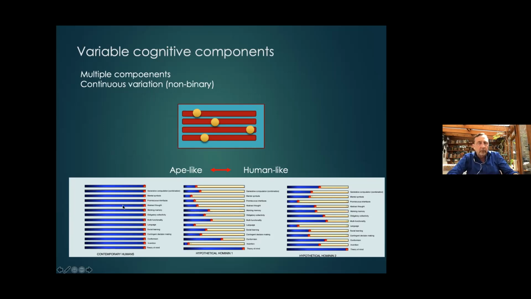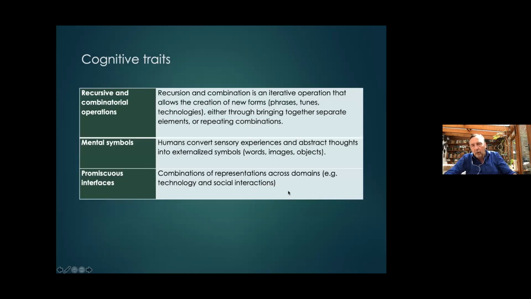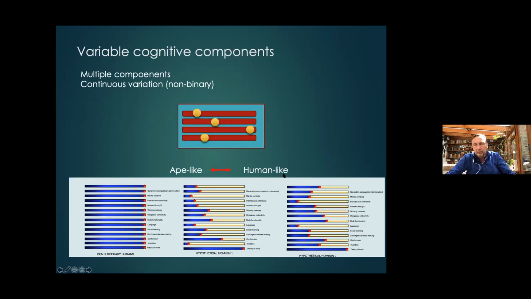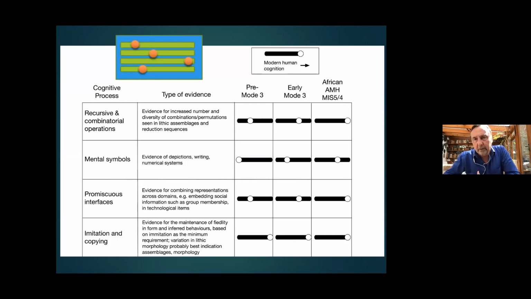And if it was an ape, they're all, depending on what you want to take as your baseline. And the different hominins might show different characteristics. They might have, for example, extreme theory of mind, but virtually no change in, let's say, mental symbols. And other hominids might have something rather different. So the point here is to start to build up a much more complex model.